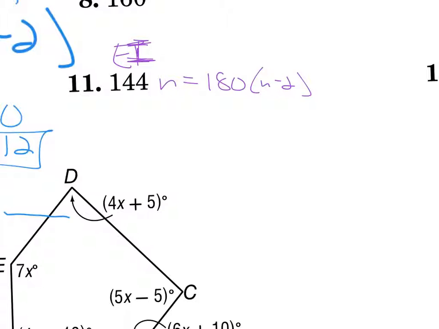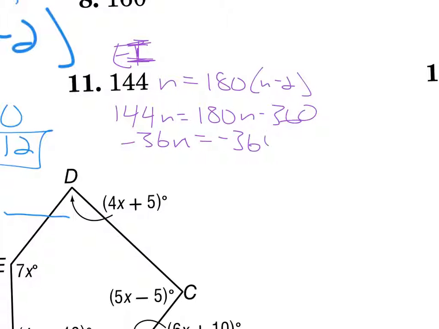Now that right side of that equation is going to look the exact same every time. It's always 180n minus 360. So you can eventually start just writing 180n minus 360 and save yourself a step. Okay, you're going to subtract the 180n over to get negative 36n equals negative 360. Divide by negative 36 and you get n equals 10.